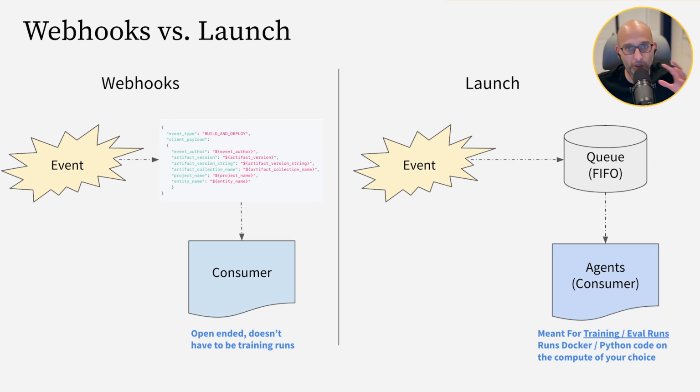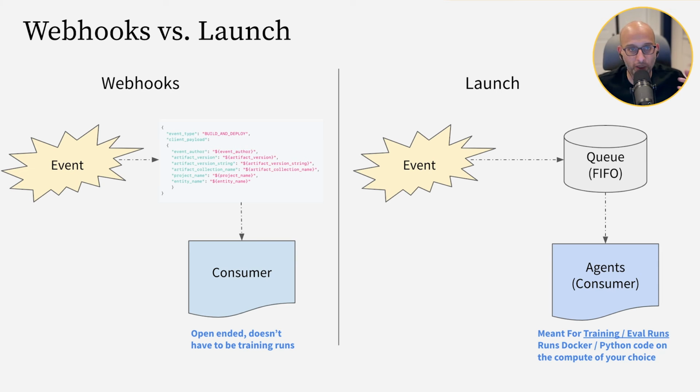In the case where you want to do a training run or evaluation run, the way that launch works is when an event is triggered, that event is put in a queue, and Weights and Biases has this queue. Essentially, on the compute of your choice, whether that's a VM, a local machine, Kubernetes, and so on, wherever your compute is, you run agents, and agents consume from the queue.